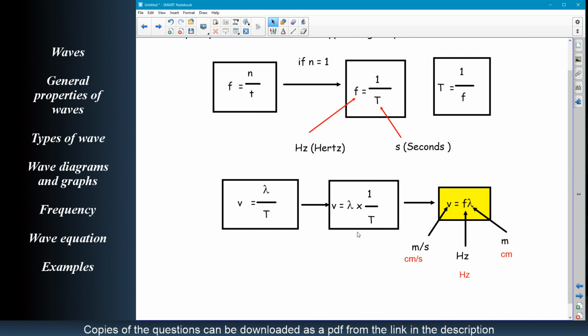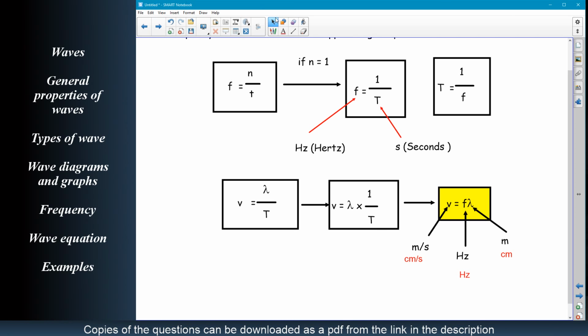If I divide by 3, it's the same as multiplying by a third. So if I divide by t, it's the same as multiplying by 1 over t. Dividing by 6 is the same as multiplying by 1 over 6. Dividing by 10 is the same as multiplying by 1 over 10.